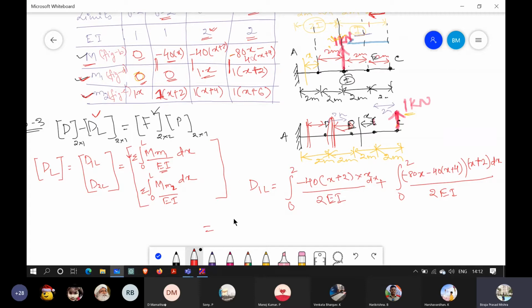Please do the integration. If you do the integration, this is the value of d1l. I am writing it here because you will take a lot of time to integrate, and by the time you integrate, our class will be over.